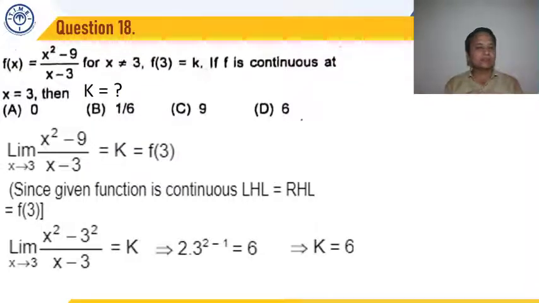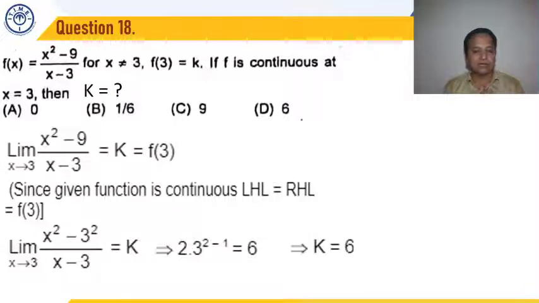So what we have done in this question: f(3) is given as k. We find the value of the limit at x tending to 3 by using the standard result. The standard result is x to the power n minus a to the power n upon x minus a, when x tends to a, is nothing but n a to the power n minus 1. So we find the value of the limit and put it equal to the value of the function at x equal to 3.